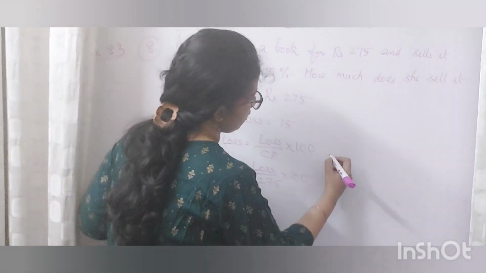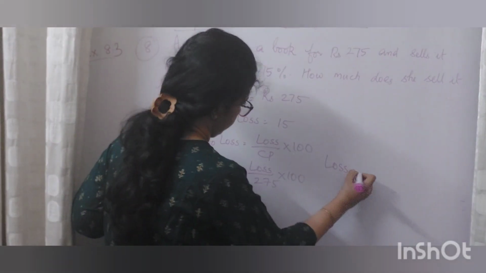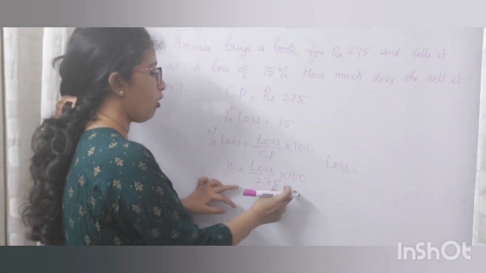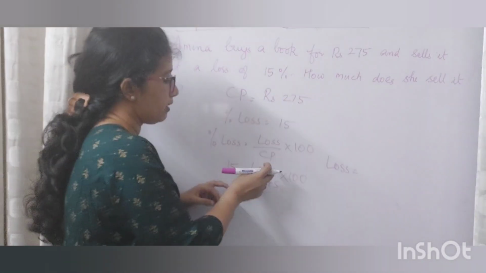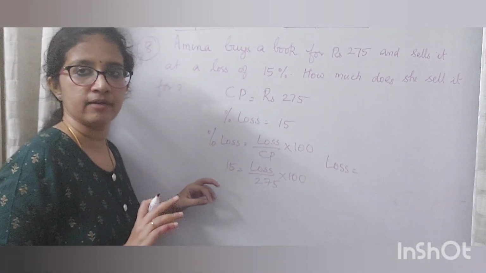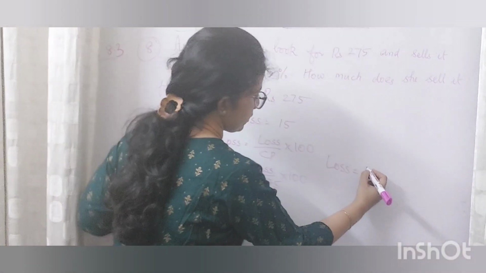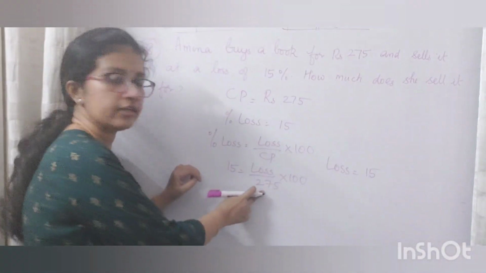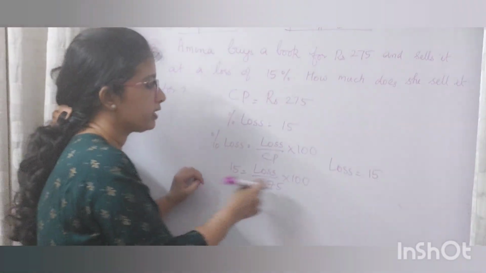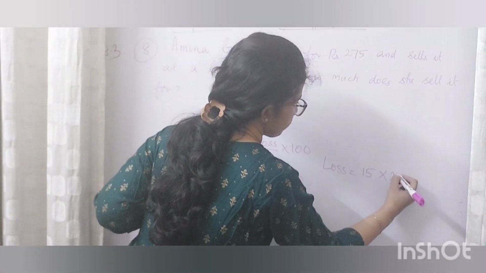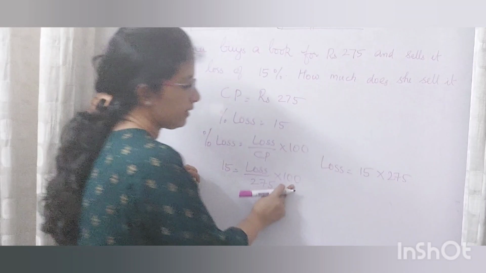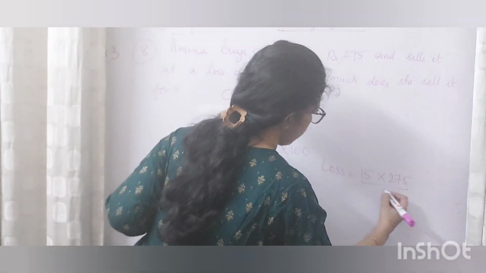How will you find? Loss is equal to, we have to take all the constants to this side and loss only will remain on one side. Okay, so loss is equal to 15, here divided by 275 will become into 275, into 100 will become divided by 100.